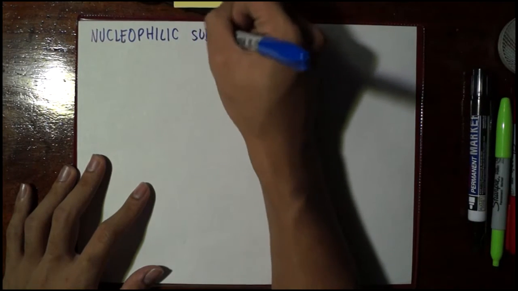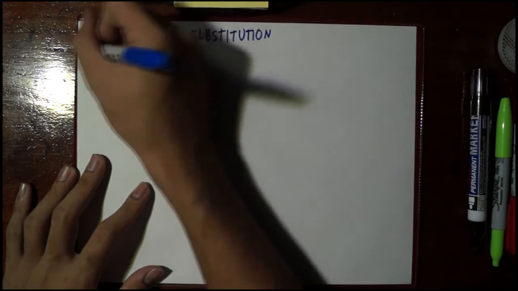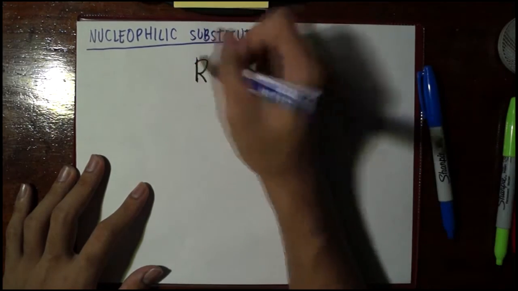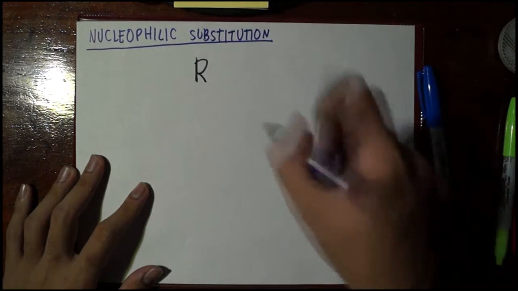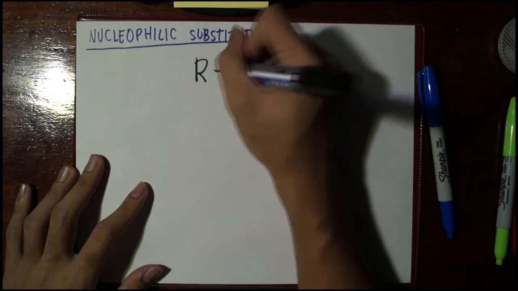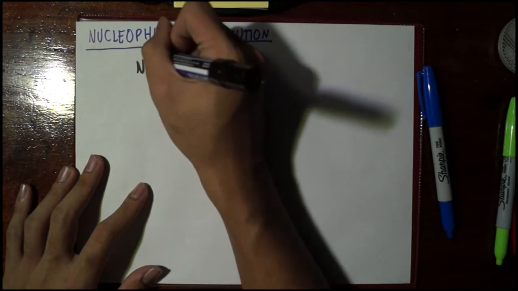So, in nucleophilic substitution, again, we have the substrate R, then we have here the X, which is its original attached functional group, which would turn out to be the leaving group, and we have here the nucleophile.